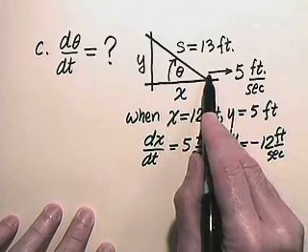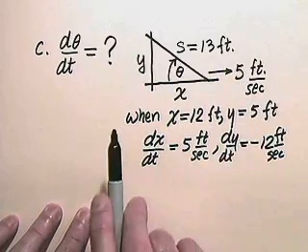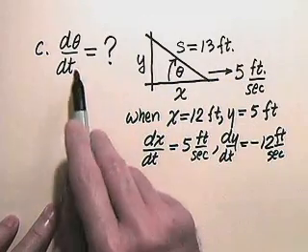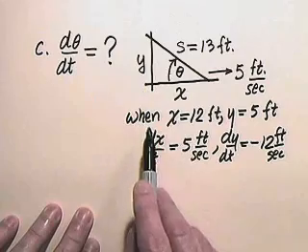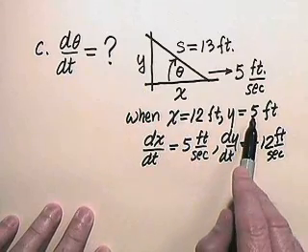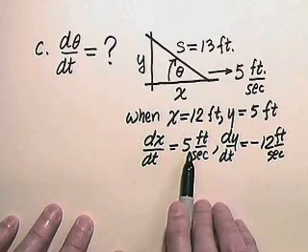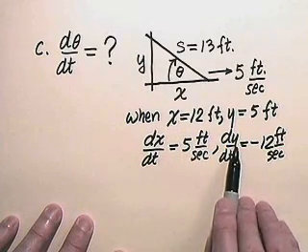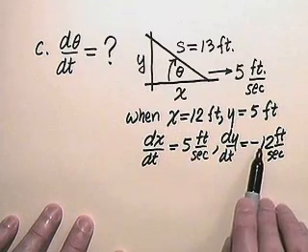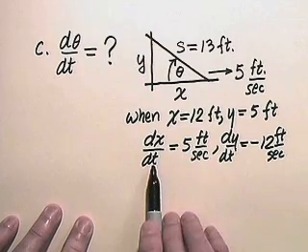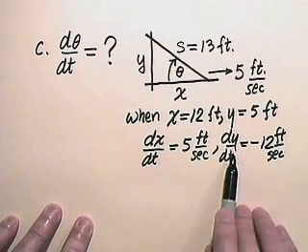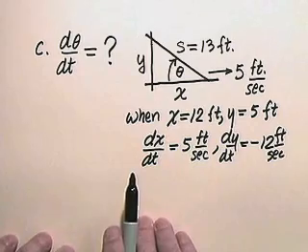The base of the ladder is moving to the right at 5 feet a second, and we're interested in d theta/dt when x equals 12 and y equals 5 feet. Okay, so remember, dx/dt is 5 feet a second, and we've already figured out that dy/dt is -12 feet per second.